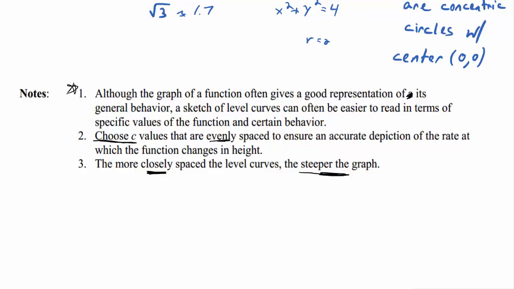So think of the graph of that bowl shape. It would look something like this, right? If you actually graph z equals x squared plus y squared, it looks something like that, doesn't it? Well, it's steeper here on this trace than it would be down here where it levels out at the bottom.